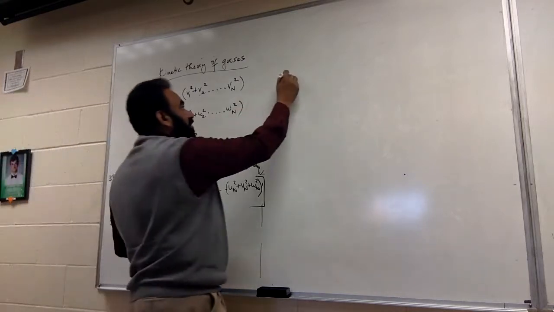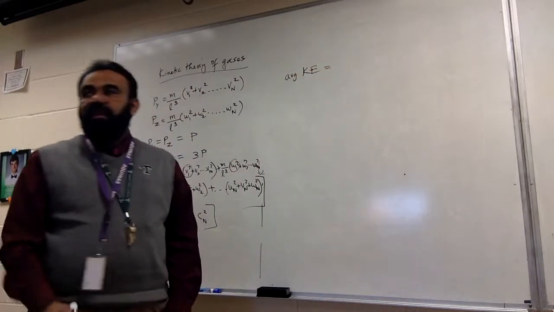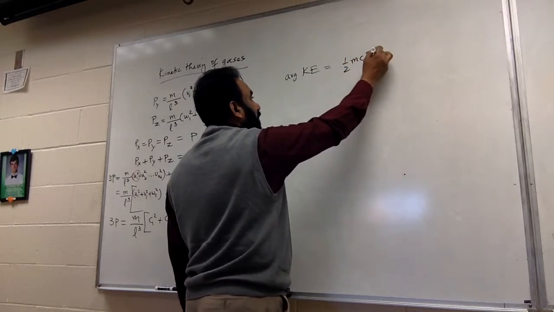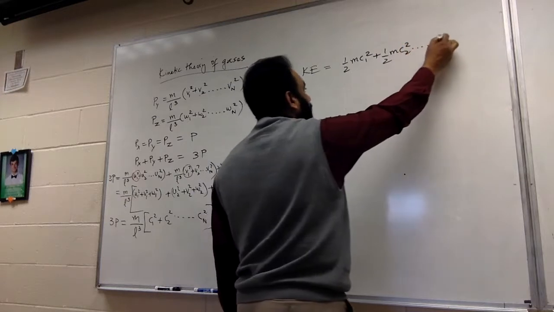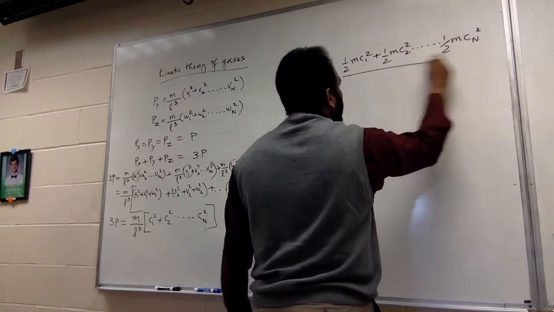So what is the average kinetic energy? The average kinetic energy is going to be half m C1 square plus half m C2 square, etc., half m Cn square, divided by n.